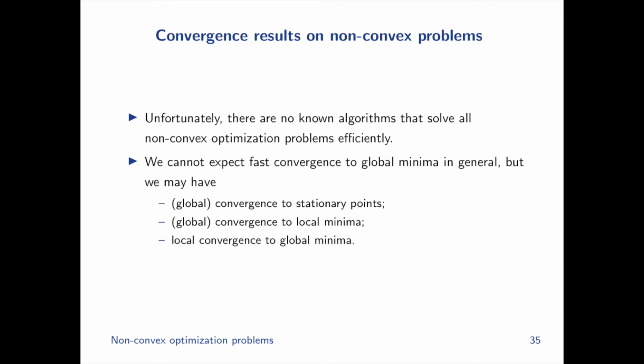The reason is, if you think about a lot of the convergence results that we've seen, at least in terms of the Euclidean norm, you're always reducing the optimization error. You're always reducing the distance to the optimum at each iteration. So that means if I start within this neighborhood that has nice properties, I'm going to stay within this neighborhood of the optimum. And so you can just borrow a lot of the analysis wholesale for this setup. And so we're not going to worry too much about local convergence to global minimum. We're going to focus on the first two properties.